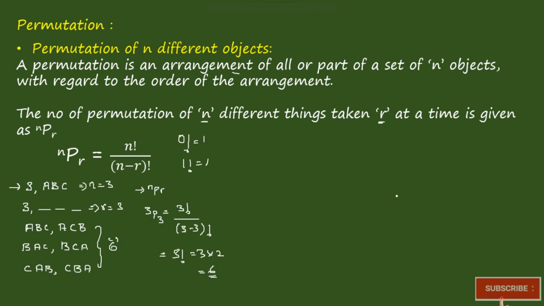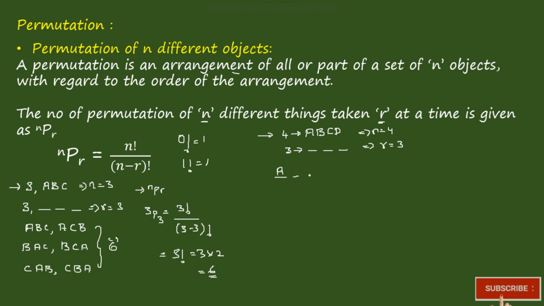Same thing we got. Now consider there are 4 objects A, B, C and D, and you have to fill 3 sets. So n is equal to 4 and r is equal to 3. How can we arrange it? We consider A in the first position.